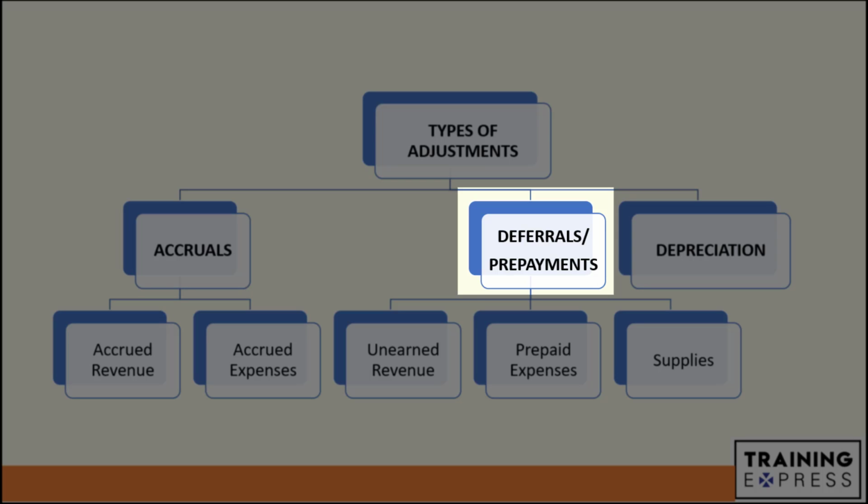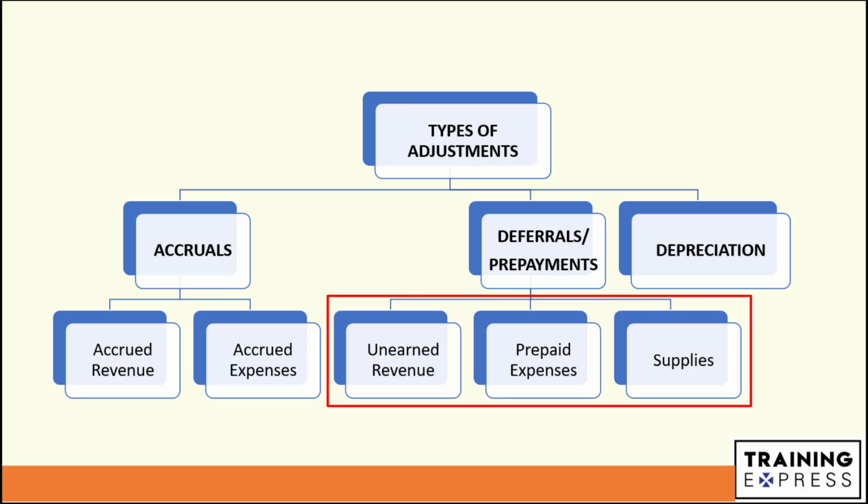Then if you look in the middle, the second type of adjustment is deferrals or prepayments. Under this type of adjustment, we normally make three adjustments: unearned revenue, prepaid expenses, and supplies.